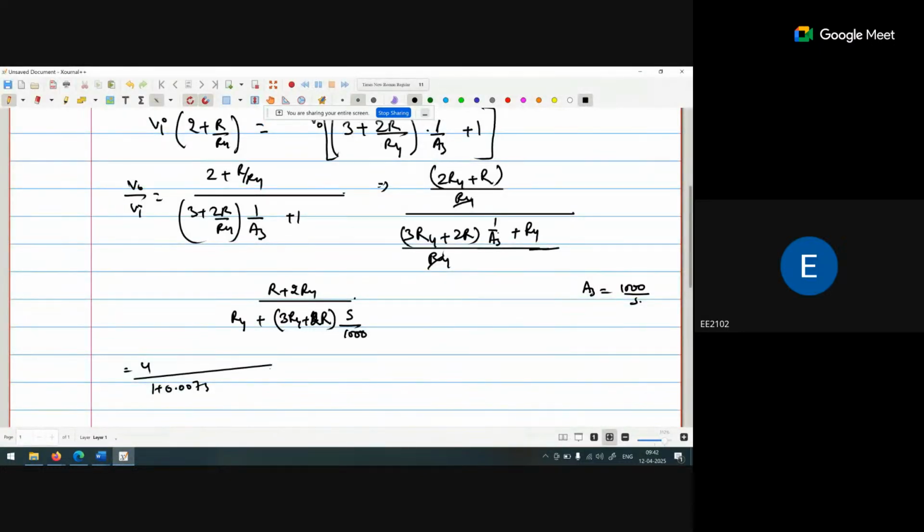Okay, so you can calculate from that one. Again, if you are taking it, so it is 2 plus R by R4, 1 plus, 3 plus 2R by R4, 0.001 minus.